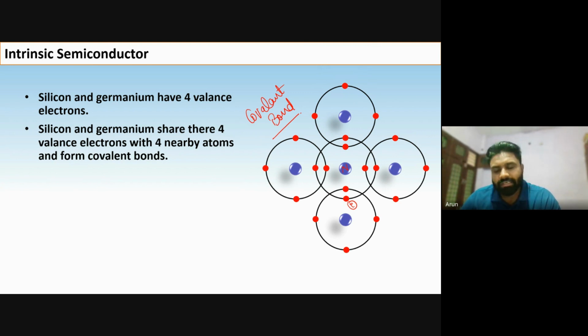Ionic bond means transfer of electrons. These are the bonds that exist between the individual atoms. So one atom is surrounded by four atoms and makes a single covalent bond with each of the other four atoms.